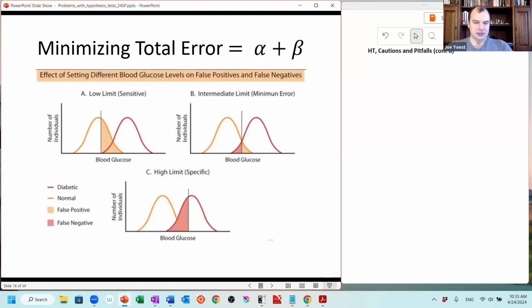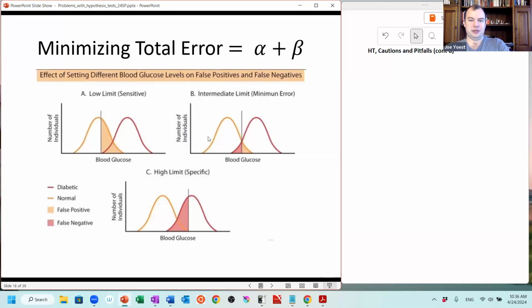I can actually kind of see that when my bar is to either side of this intersection, then by moving the bar closer to the intersection, the error that I lose versus the error that I pick up, that's going to be a net decrease in total error.